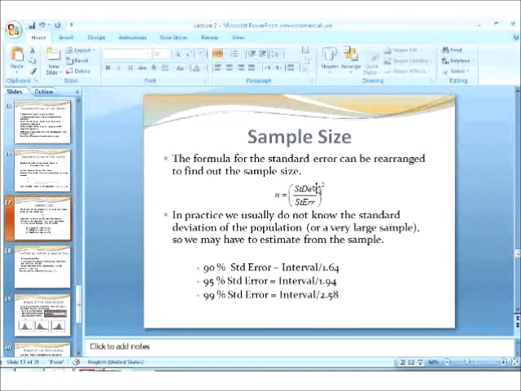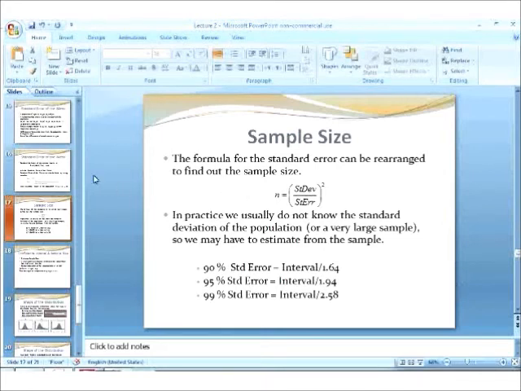Okay. However, in the practical, everyday world, we usually do not know the standard deviation of the population. I can call a population a large sample, right? Population is an abstract concept.